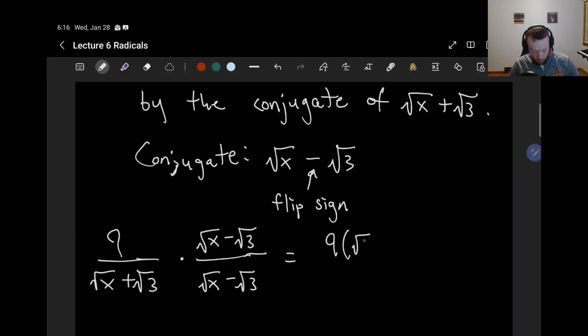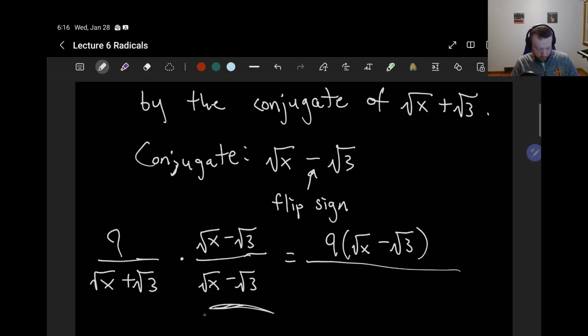So the numerator, not really a whole lot we can do. I just want to leave it as this, really. But the denominator, we're going to have to FOIL out. We're taking this times this. So that's FOIL. So first would be square root of x times square root of x.